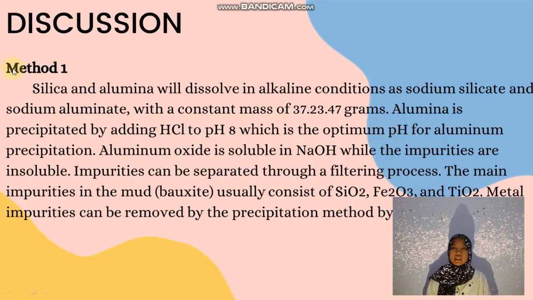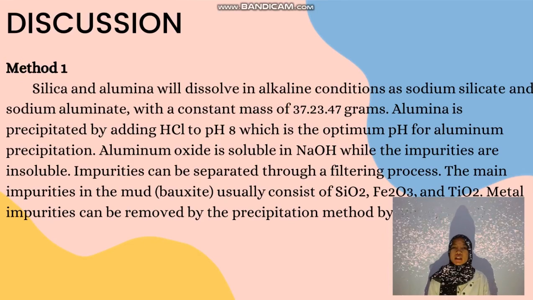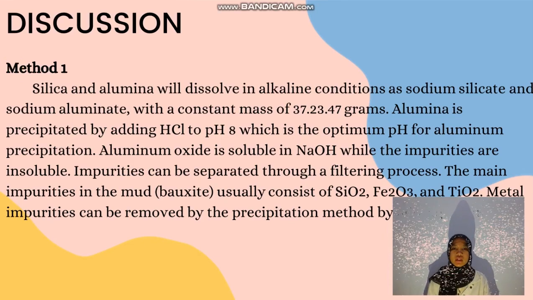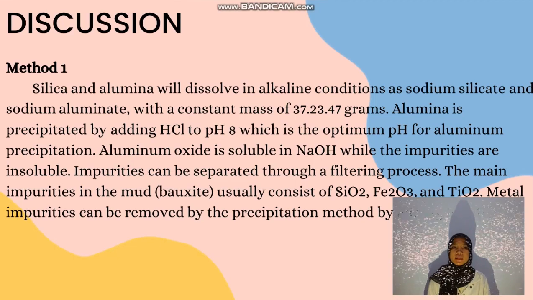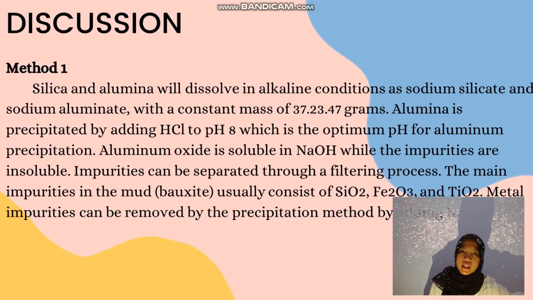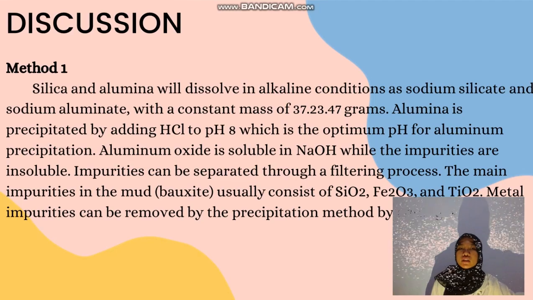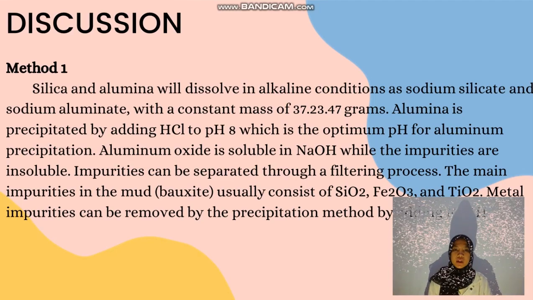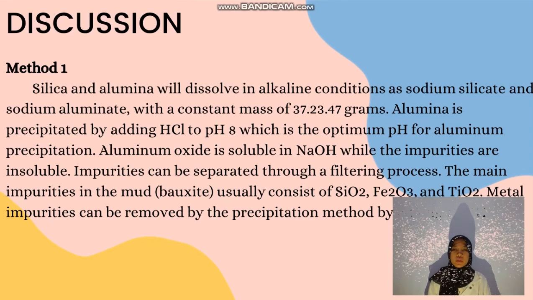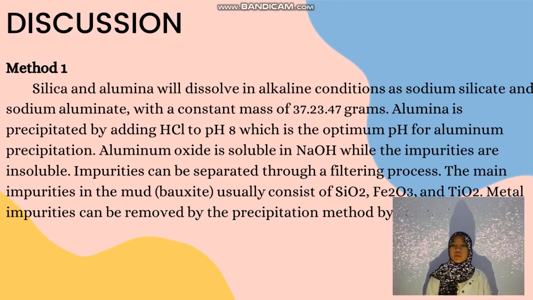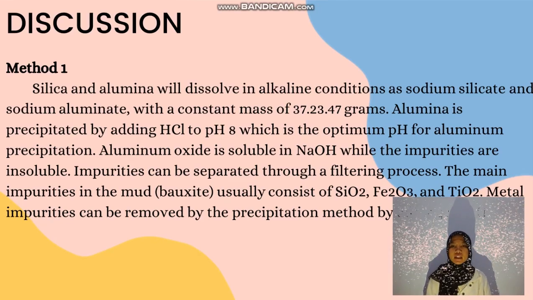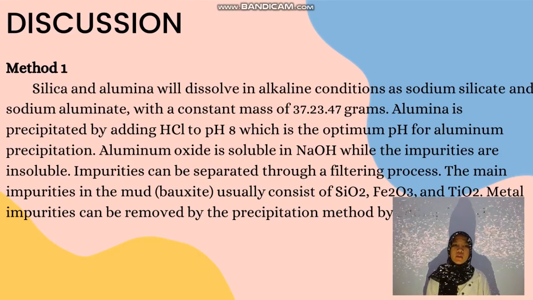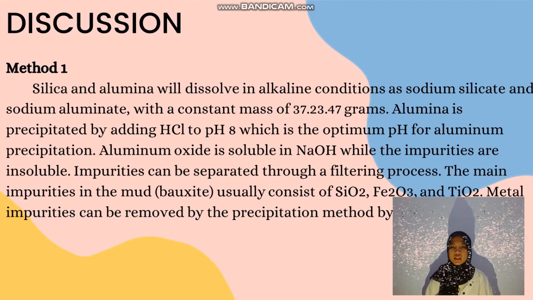Next, discussion of method 1. Silica and alumina will dissolve in alkaline condition as sodium silicate and sodium aluminate with a constant mass of 23.47 grams. Alumina is precipitated by adding HCl to pH 8, which is the optimum pH for aluminum precipitation.